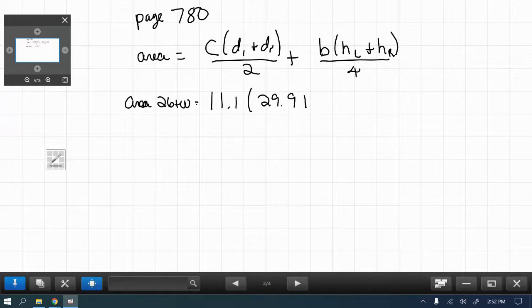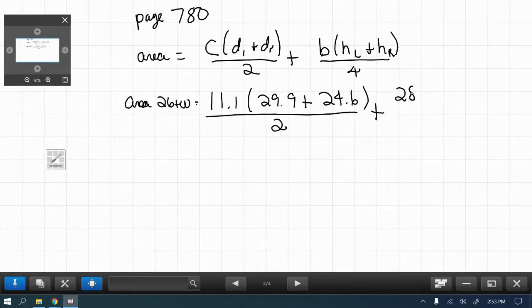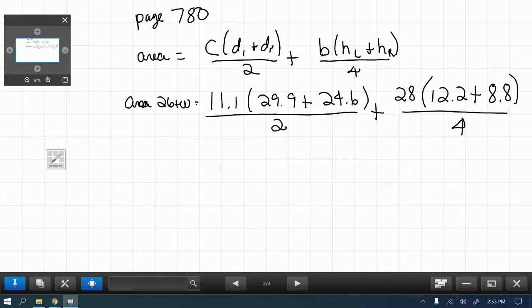29.9 plus 24.6, and this is all over 2, plus my road bed, which is 28, times 12.2, plus 8.8, divided by 4. So for this particular one, I got 449.475 square feet. And that's my area of 26.